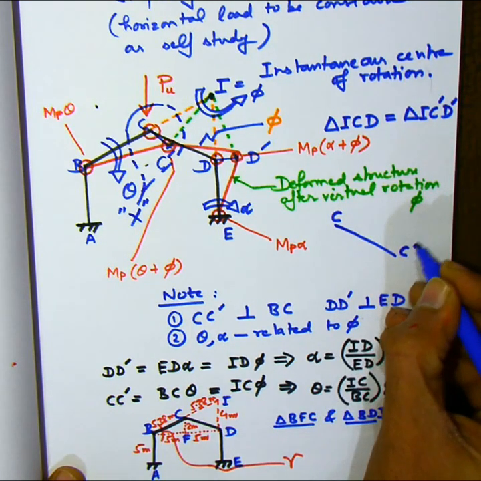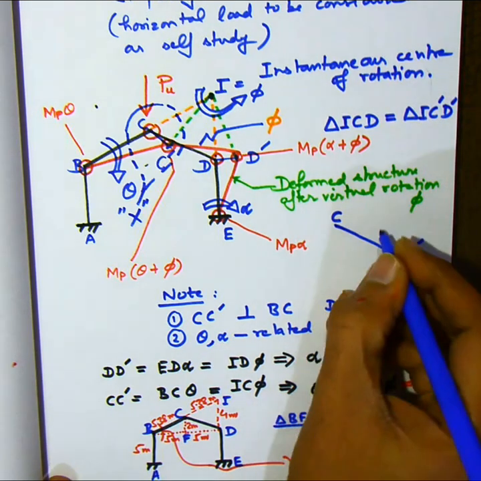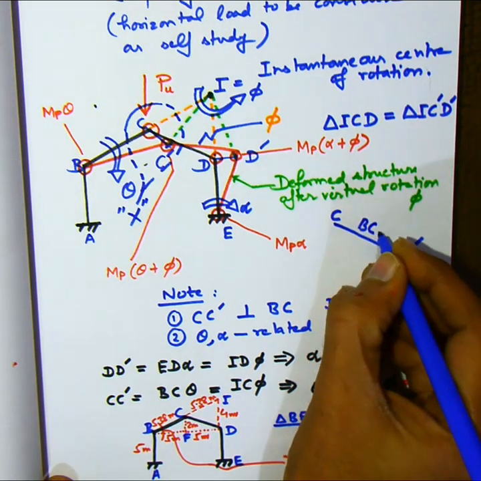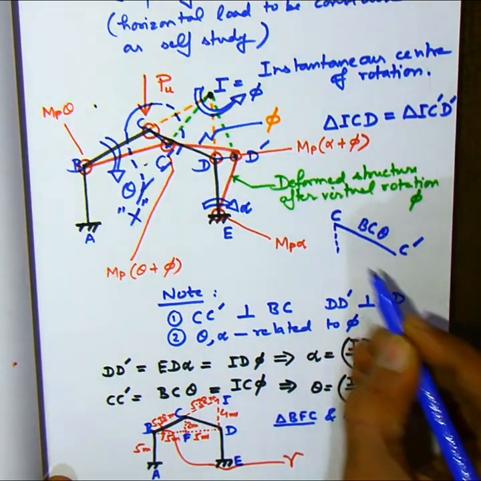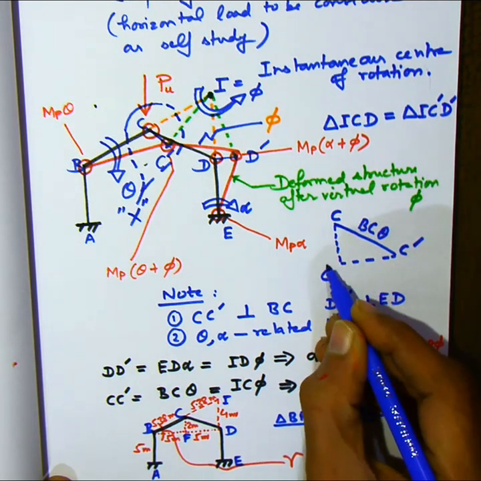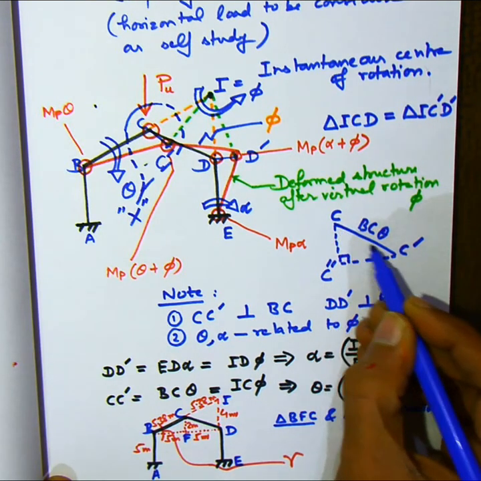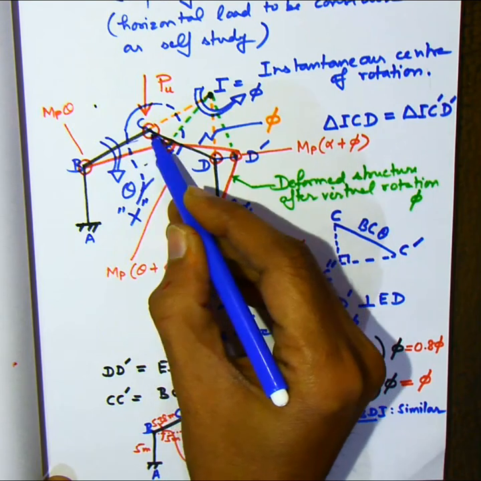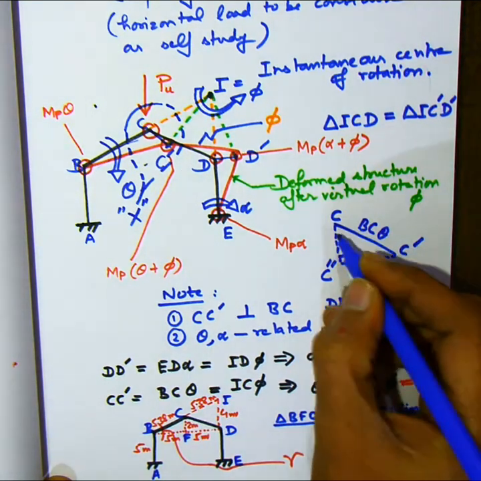C dash, its length is basically BC into theta, and we are drawing two lines, extensions, so that the two meet. C double dash is the vertical displacement of Pu. Now what will be angle C double dash C dash? This angle will be gamma. Just convince yourself that this angle will be gamma.